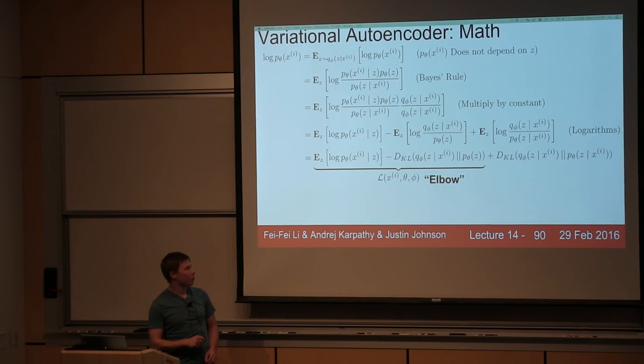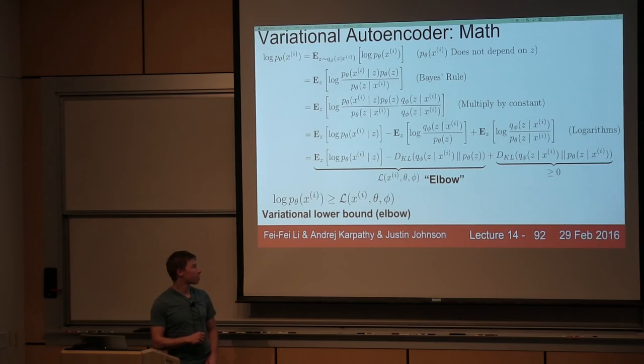This log likelihood we can write in terms of this term that we call an ELBO, and this other term, which is a KL divergence between two distributions. And we know that KL divergence between distributions is non-negative. So we know that this term has to be non-negative, which means that this ELBO term actually is a lower bound on the log likelihood of our data.